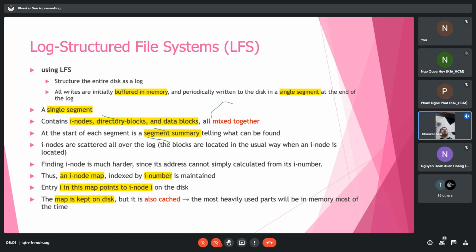And to meet the challenge, we use an inode map. I have already highlighted these words to catch your attention so you can try to remember these words and expressions. And this will be quite important.